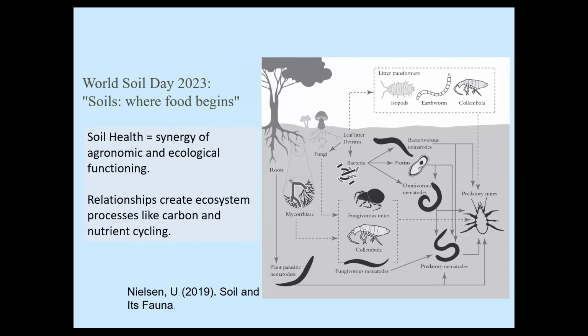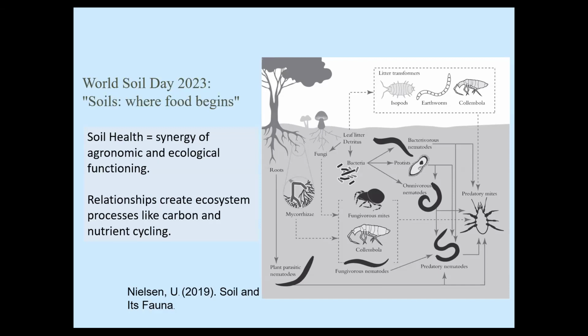It used to be that people talked a lot more about soil quality, and soil health seems to have much more of an ecological acknowledgement that there are all these interactions between the soil organisms, helping to create outcomes like carbon and nutrient cycling. Whereas soil quality might just be about agronomic functioning, your soil texture and the amounts of soil nutrients, soil health is much more process-based and interactive.